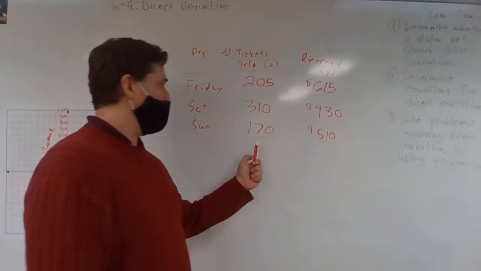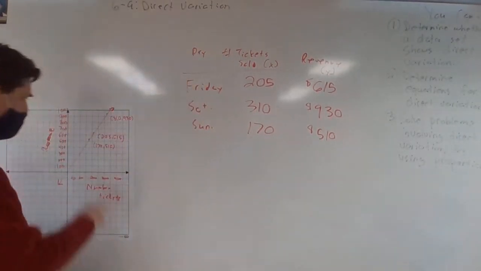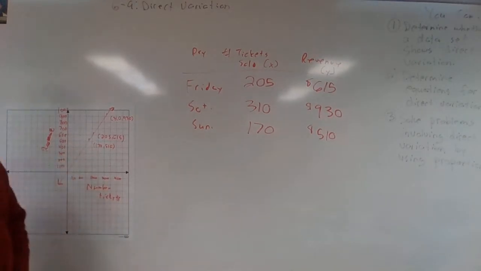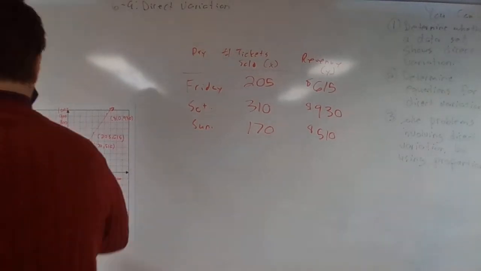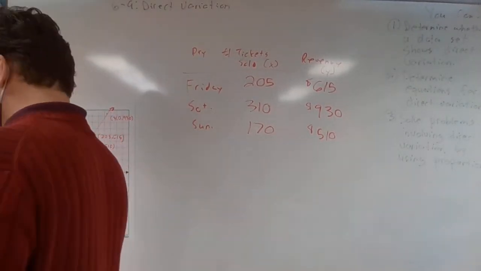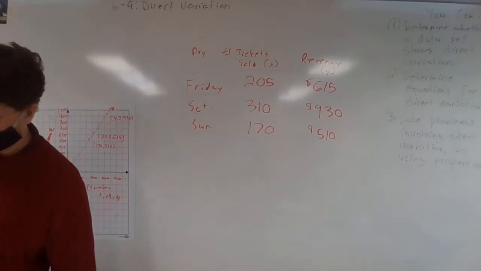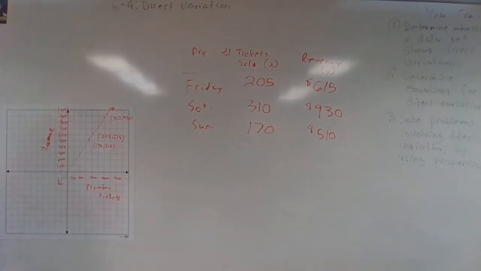And then my Sunday coordinate, 170 and 510. Boom, there it is. Then I connect the dots, just like we do, draw a line, and here's my graphical representation of the data. Okay? Not too hard, right?